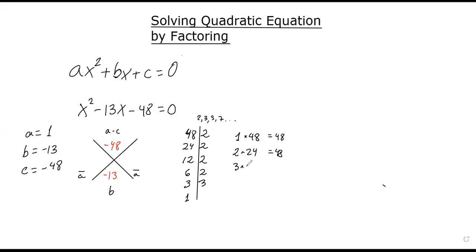And then we go with 3. 3 times something that is 48. So if I take the 3 and that times the rest of the numbers, will be 3 times 2 times 2, 4 times 2, 8 times 2, 16. So it will be 3 times 16.